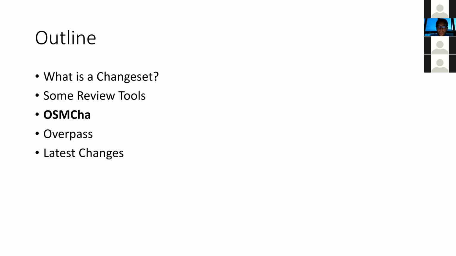Some review tools, which will be a list that I'll pass out at the end of the session. OSMCHA in bold, which will be our focus. And then Overpass and Latest Changes. Latest Changes being a tool that runs off of Overpass and the OSM API, and just using Overpass Turbo in general to find and validate users' changes.